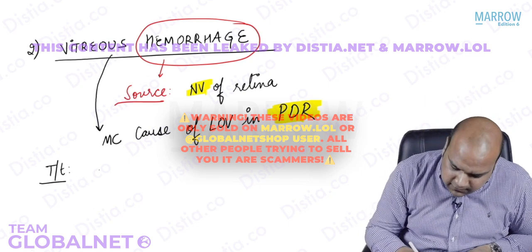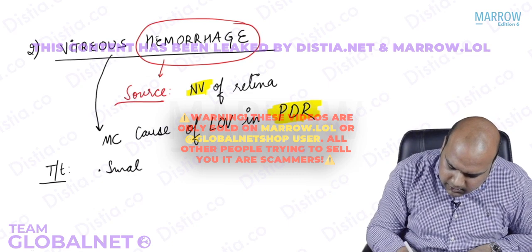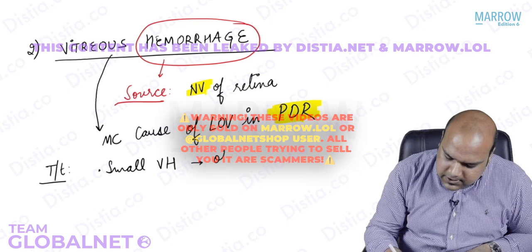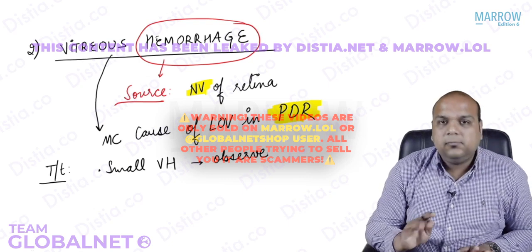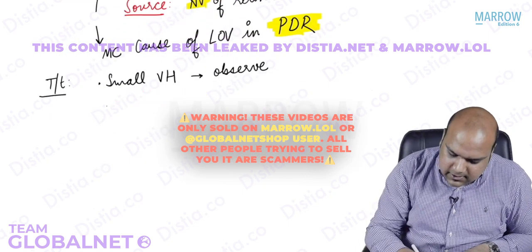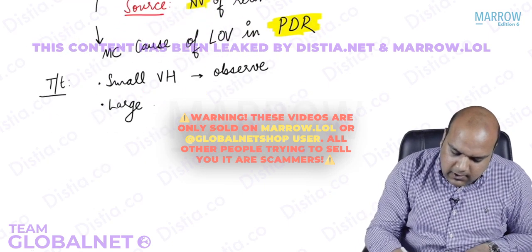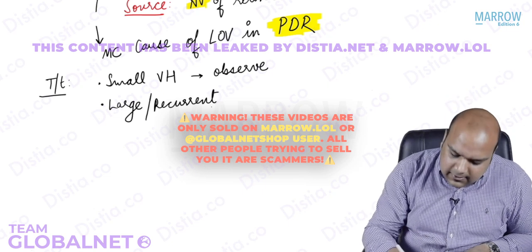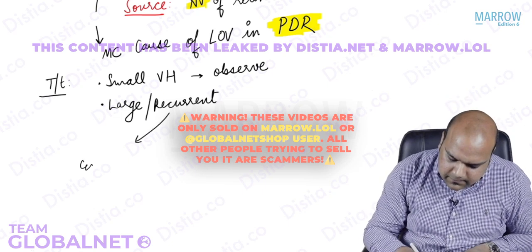Yes. So if it is a small vitreous hemorrhage, we can observe. Okay. But if it is a large vitreous hemorrhage, or if it is recurrent, everybody, then we have two treatment options.